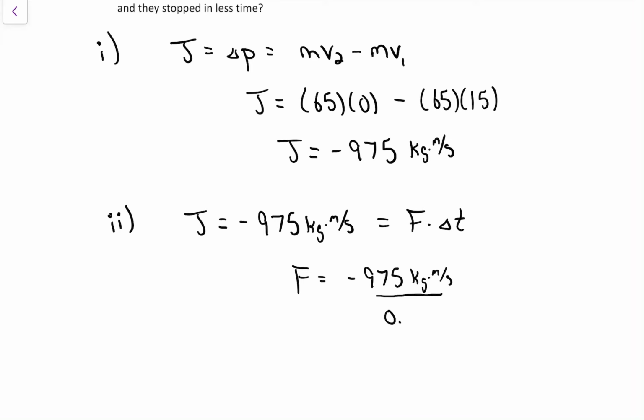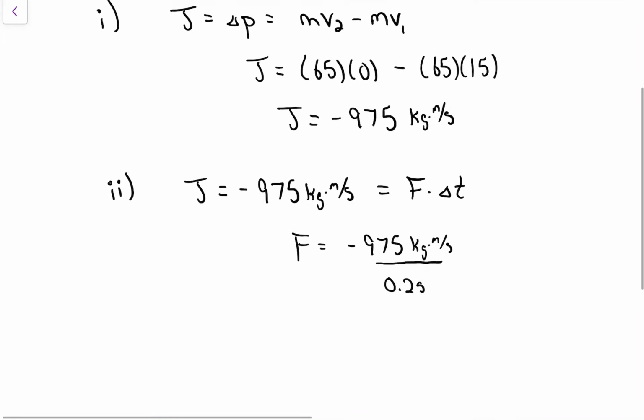The time I made up was 0.2. By the magic of the metric system, this is going to convert into a force units, a number in newtons. I got a value of 4875 newtons. The negative just meaning backwards compared to the original speed, the original velocity of 15.